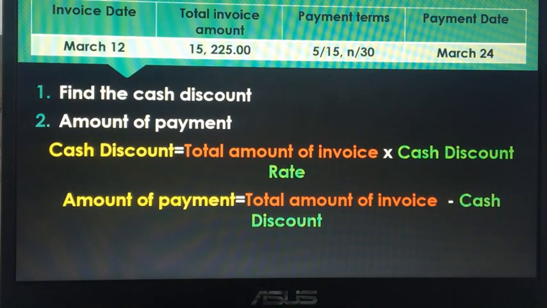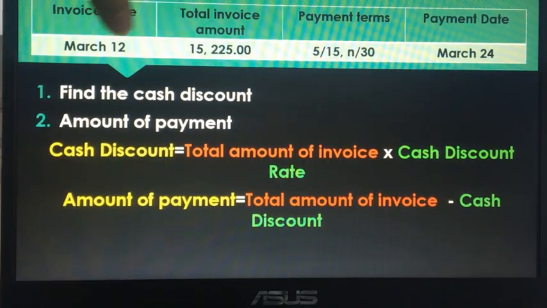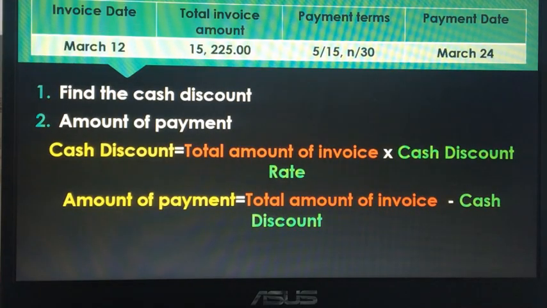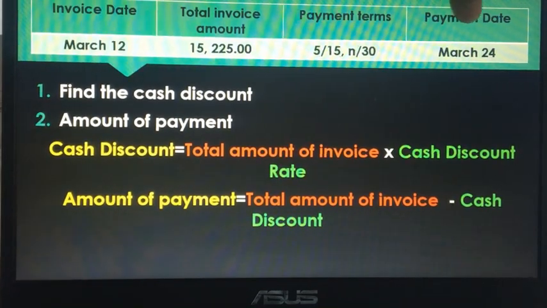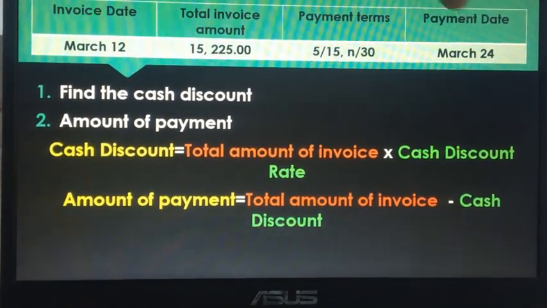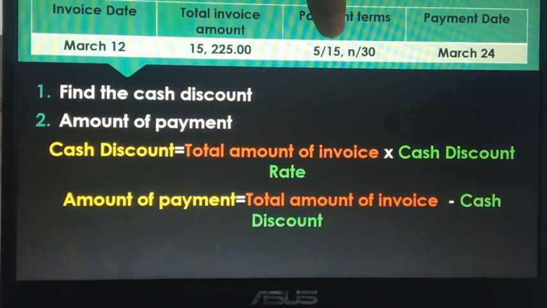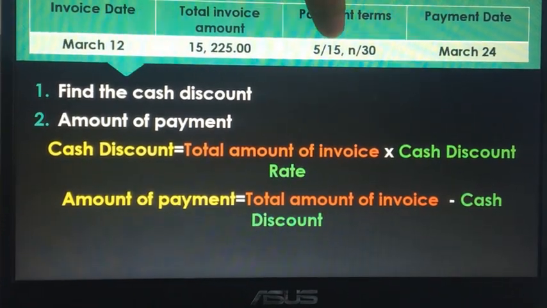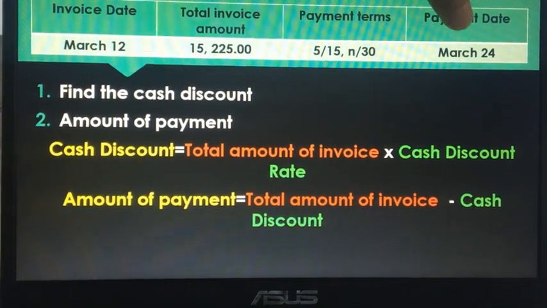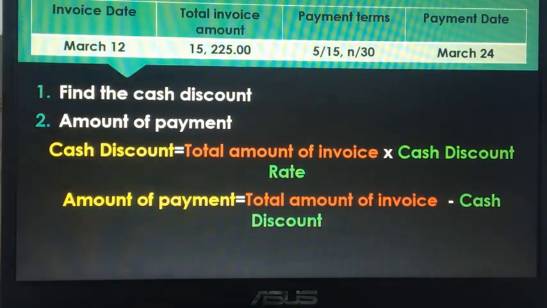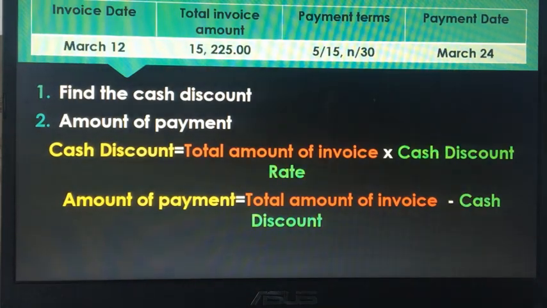Obviously yes. Simply 12 plus 15 is 27, so that is until March 27. In short, the buyer is granted the 5% discount because the payment was made on March 24, within the first 15 days after March 12.